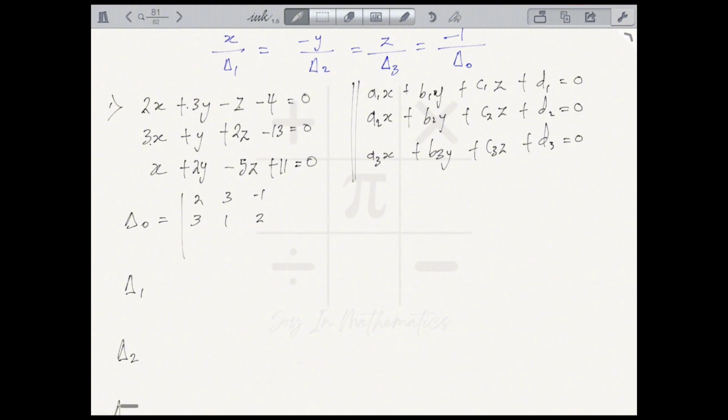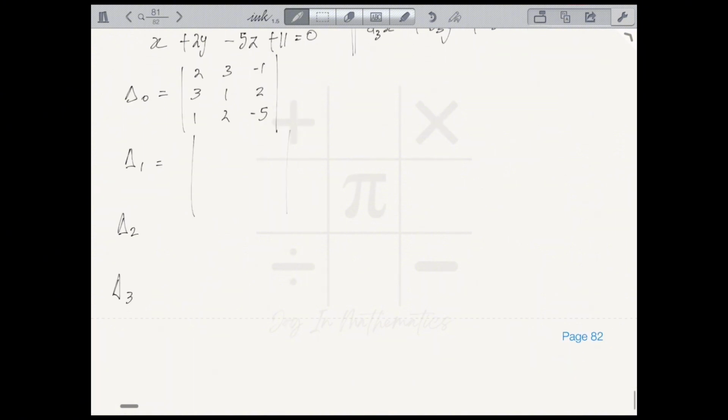Now with that done, let's try it and see if you can evaluate delta 1, delta 2, and delta 3.